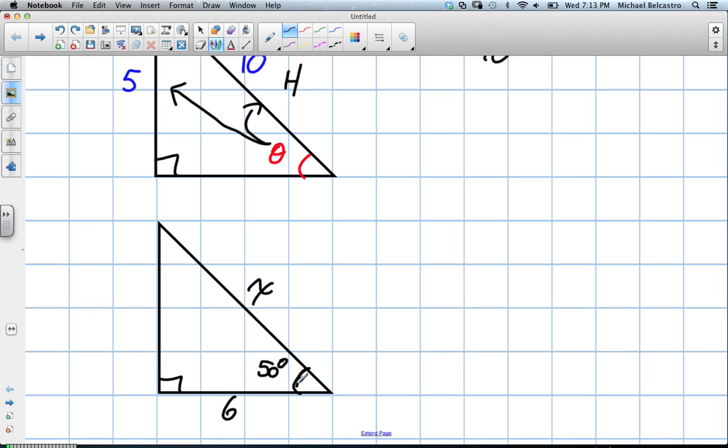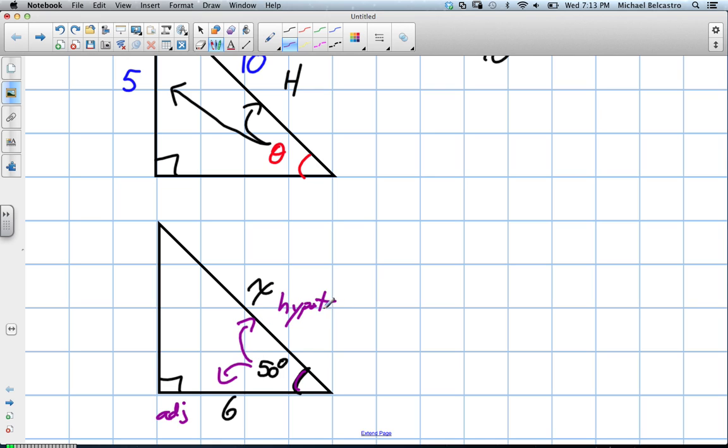So we have this angle, and what sides of the triangle do we have? The 50 degree and 6. The 6 is what in reference to the 50 degrees? What side of the triangle? You have 3 options. Adjacent. Yeah, that's right. It's touching it. So this is our adjacent. And we're trying to find what? Hypotenuse.